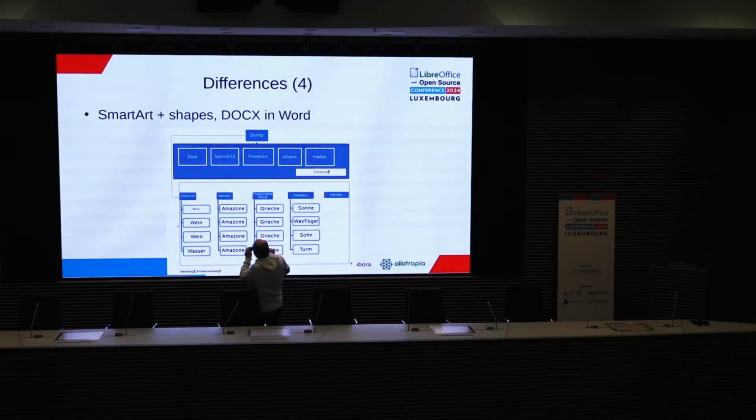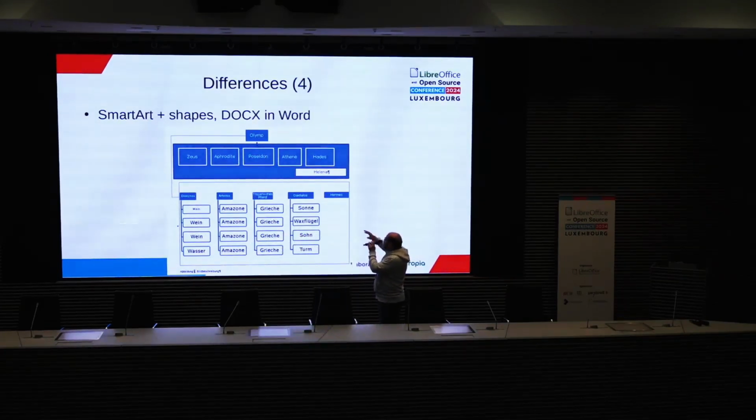This will be converted to a group shape, but there is also a connector line from the top Olymp shape to this Dionysus shape. And the interesting bit is that the big blue background is actually another shape, because they had a lot of time to experiment with this, apparently. So the SmartArt is only the main god names, and the Helena is also another shape.